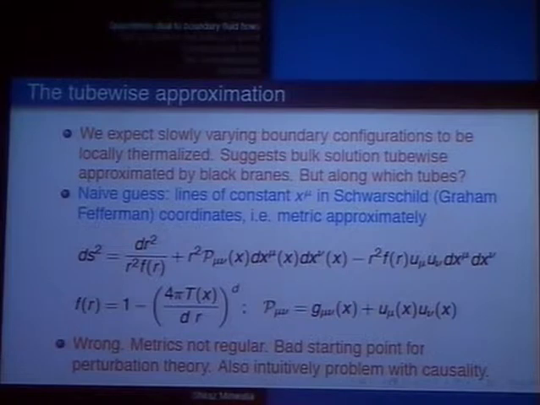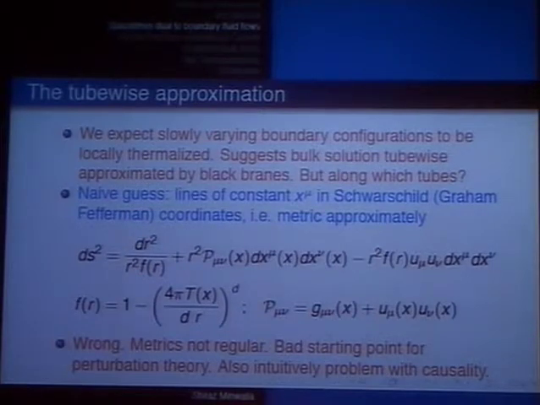So how do we do this construction? What we want to do is construct some solutions which have this slowly varying stress tensor. Now we use intuition from the boundary theory. If in the boundary you've got some configuration which is varying slowly on the length scale set by equilibration, you expect this configuration to be locally thermalized.